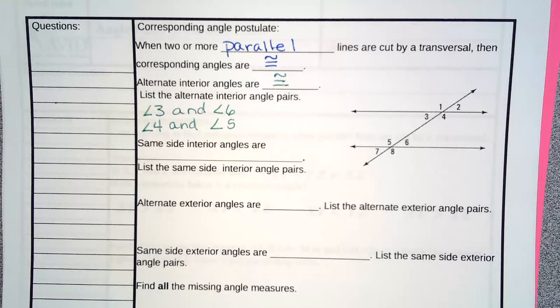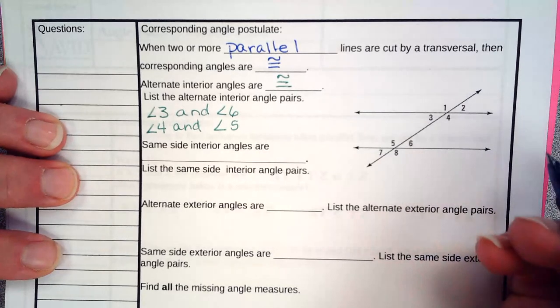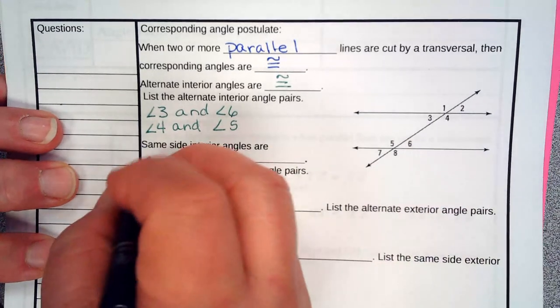Okay, same side interior angles. Well, we know they can't be congruent, because in most cases they cannot be congruent, because the alternate interior angles are. So your same side interior angles will be supplementary, because if they form a line, they'll either be congruent or supplementary.